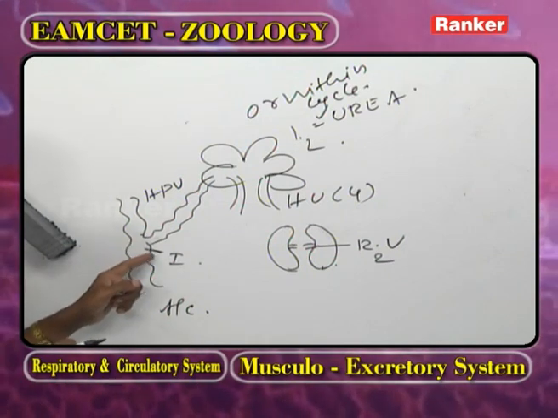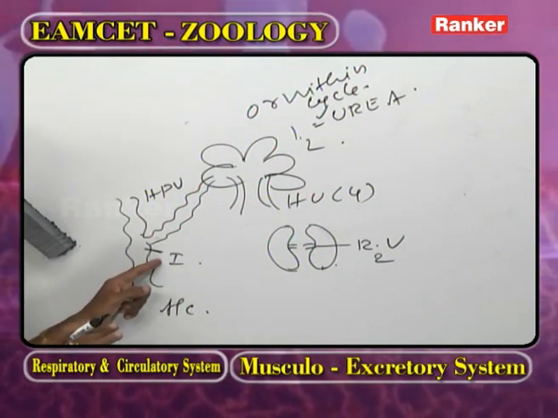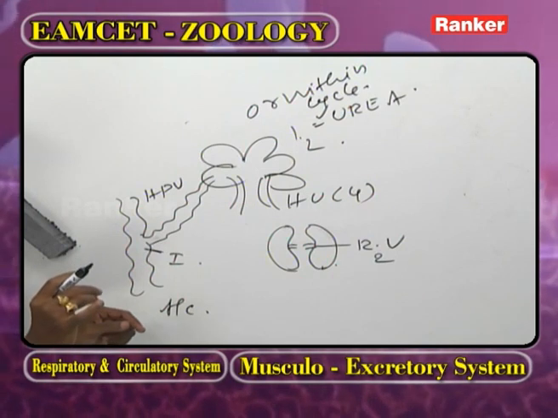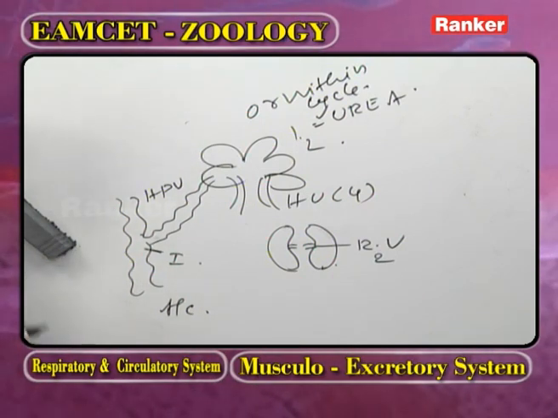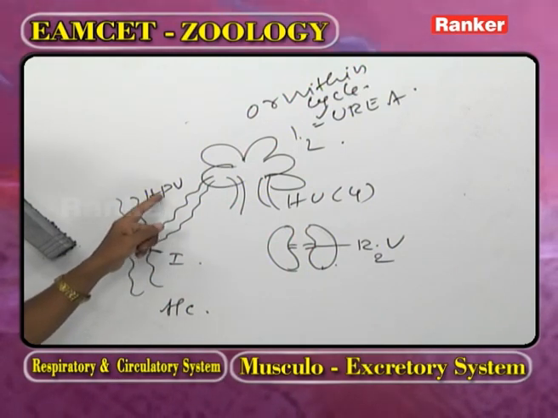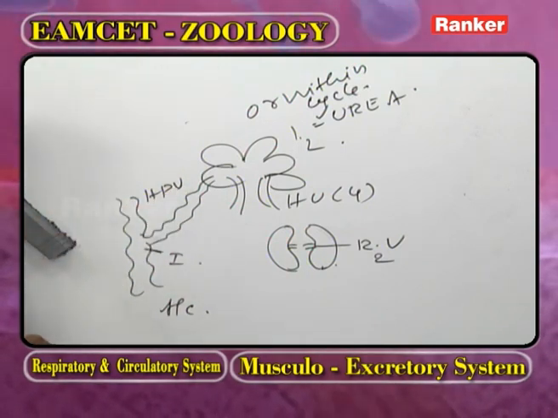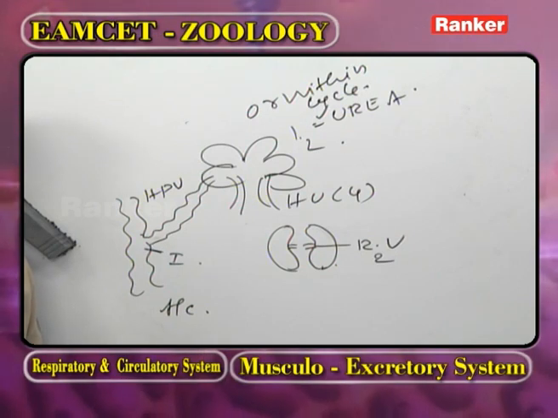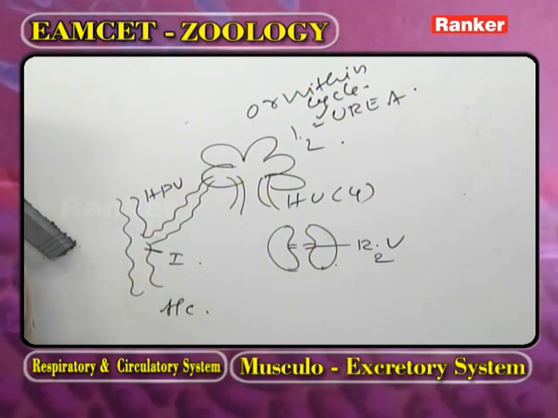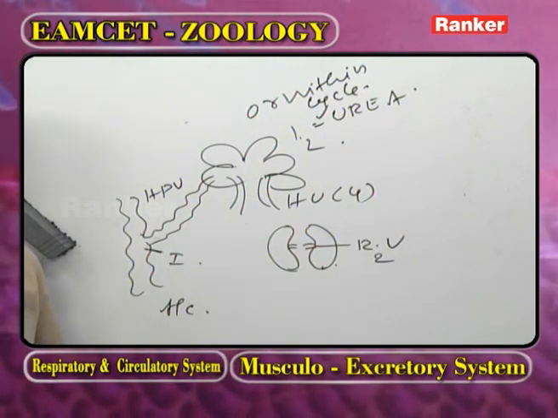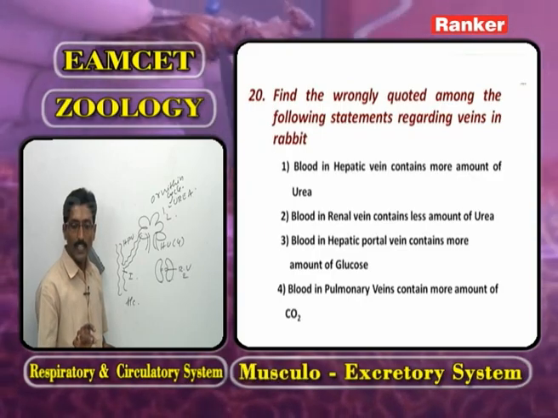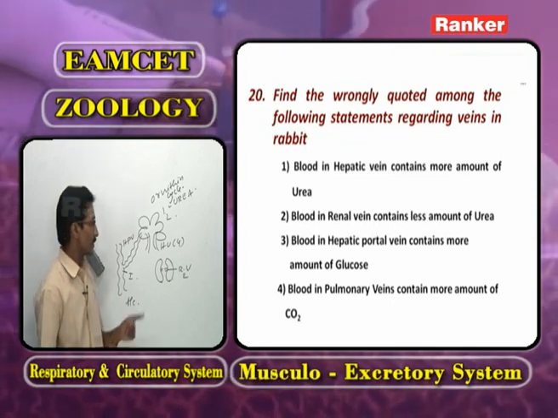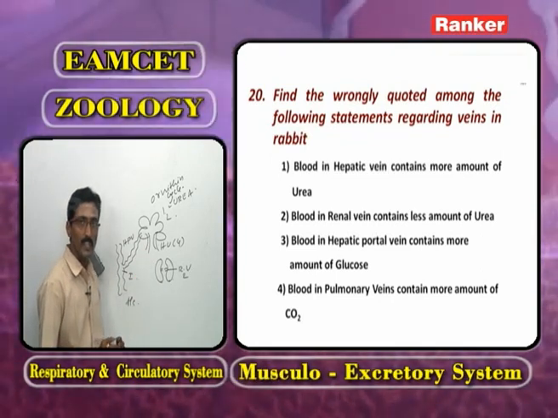In the intestine, the digestion is completed. After completing the digestion, the blood absorbs the digested food materials. So, the blood present in the hepatic portal vein contains more amount of nutrients. One example is glucose. Blood in the hepatic portal vein contains more amount of glucose. So, the first 3 statements are correct.